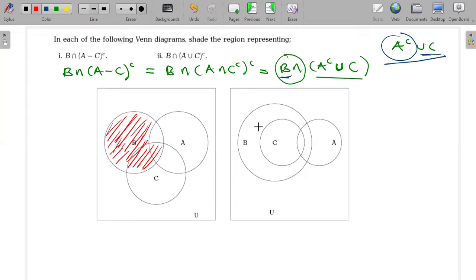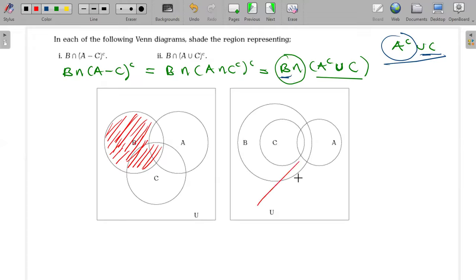Now, they want us to do the same on the other Venn diagram, this other one. So we first find also A complement union C. You look at your A complement, everything that is outside the set A but is in the universal set, that is going to be your A complement. So what is that region here?